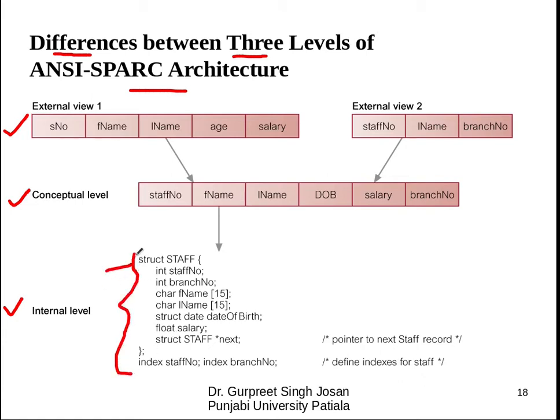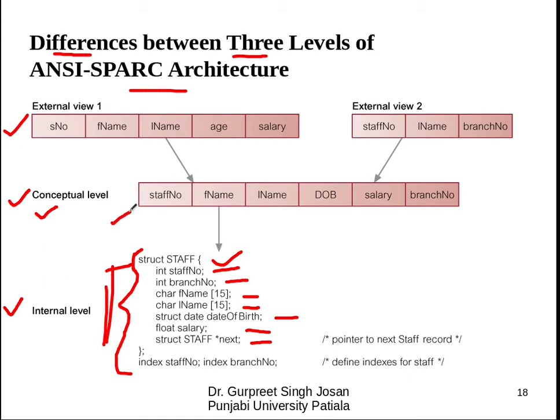For example, here it is using C language, and a structure is used for defining the staff, and all the fields are defined in the form of variable names along with their data types. Whatever we are describing at the internal level, at the conceptual level it is viewed as a single table.